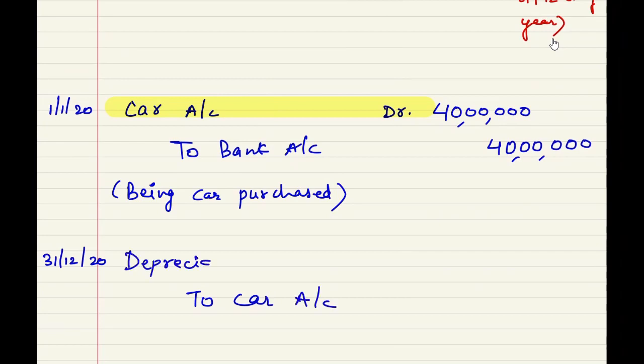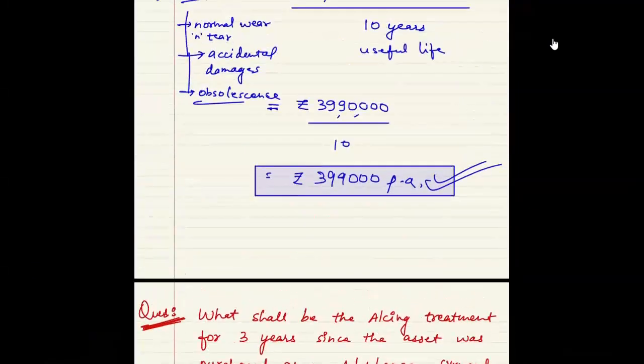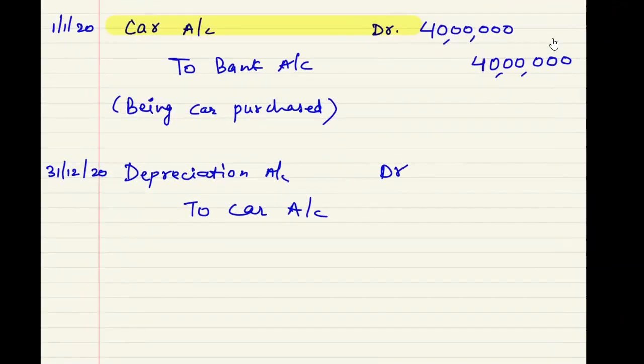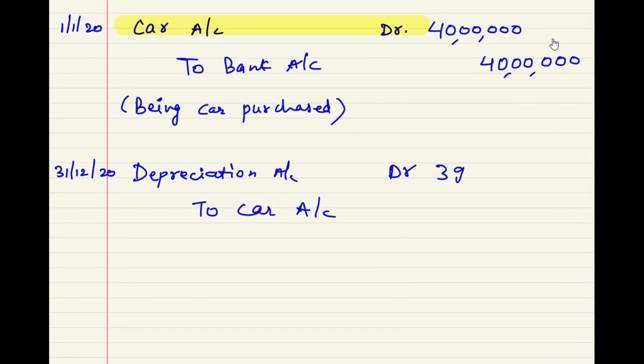So I will debit the depreciation account. So depreciation account will be debited. What is the depreciation which we have calculated? It is 3,99,000. So here it would be 3,99,000 depreciation account debit to car account 3,99,000.